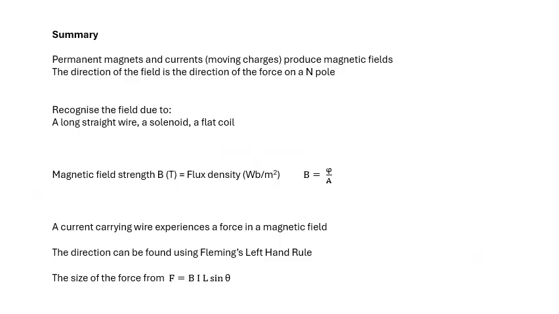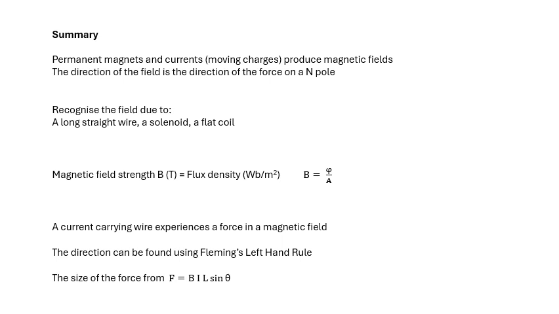So here's a bit of a summary for you. Permanent magnets and currents and moving charges produce magnetic fields. I mean, a current is a moving charge. The direction of the field is the direction of the force on the North Pole. You need to recognize the field due to a long straight wire and a solenoid and a flat coil.